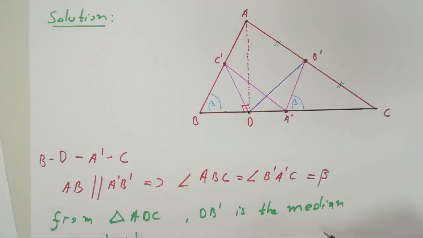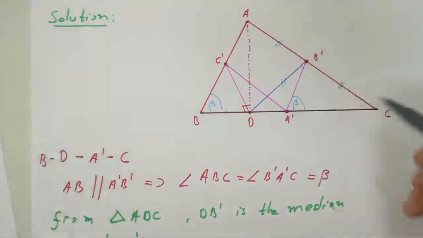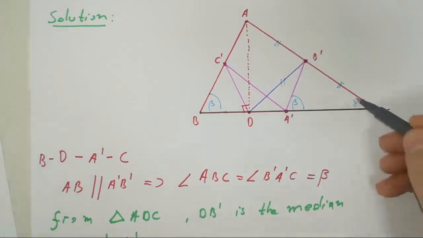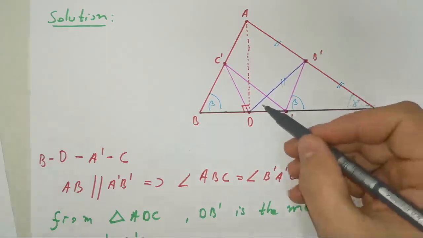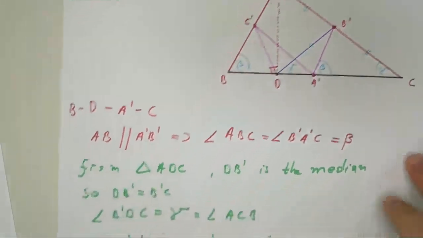So what does this tell us? That this side is also equal. If this angle is gamma, because it's point C, this angle will also be gamma. Great.